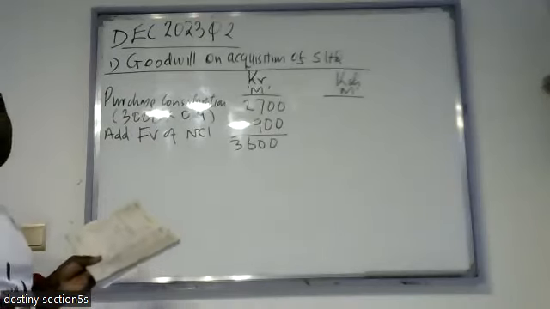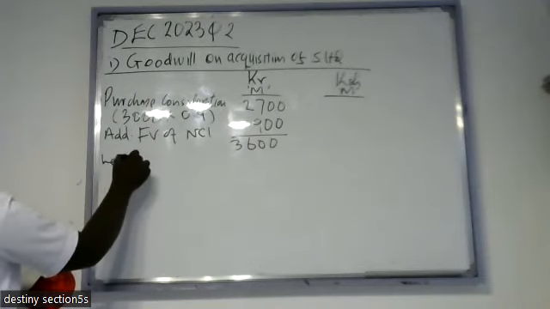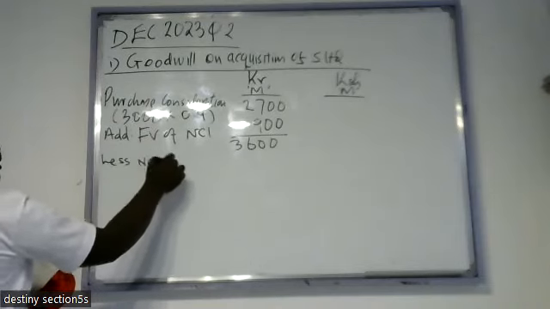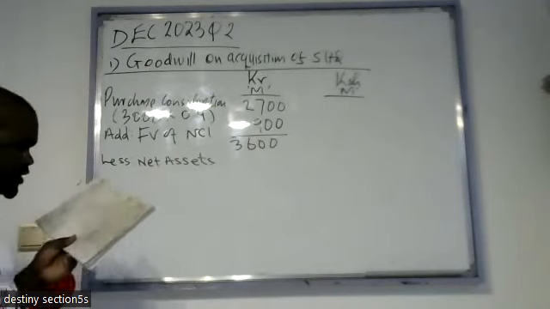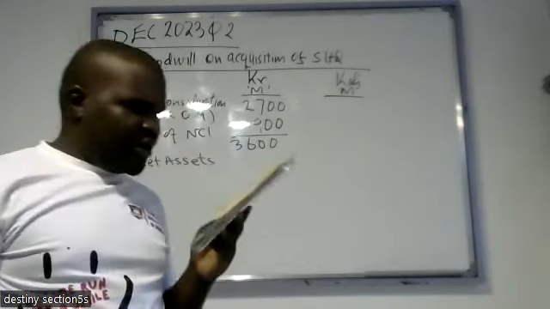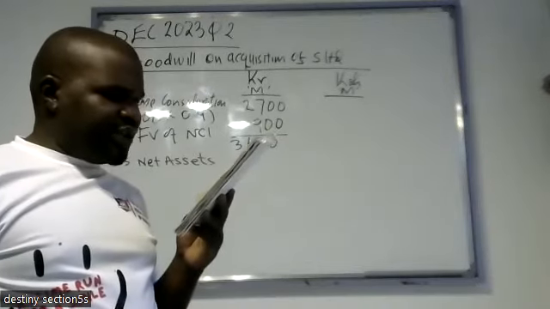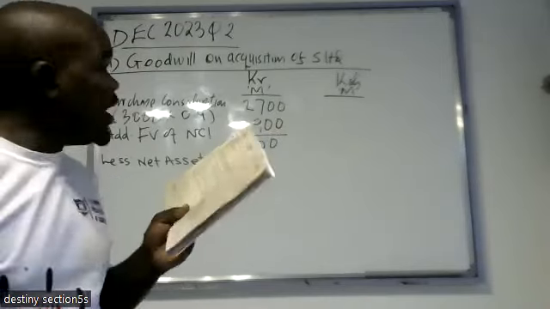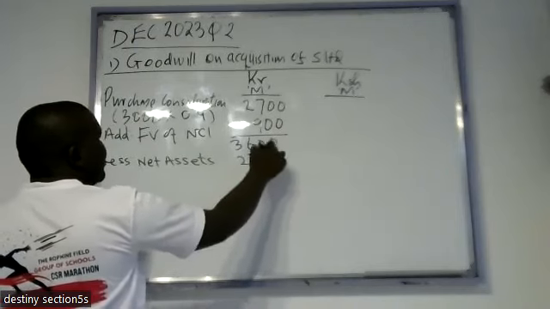Then you less the fair value of net assets on the date of acquisition. So less net assets on the date of acquisition, which they stated in note 1. Check note 1. The fair value of the identified net assets of S were crowns 2,700. So they were crowns 2,700.